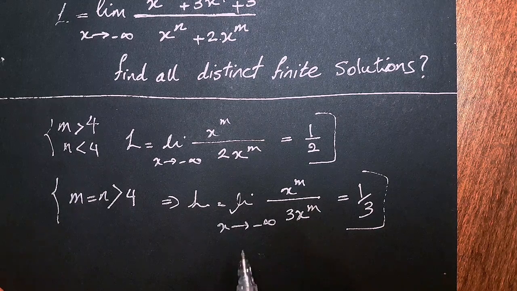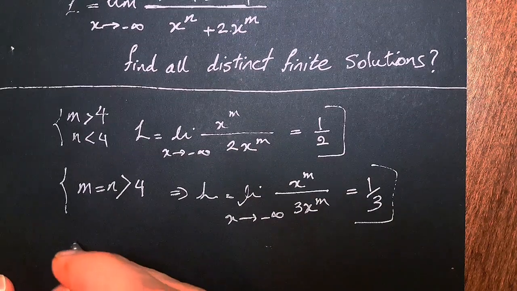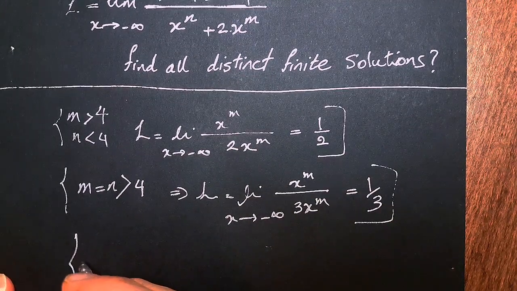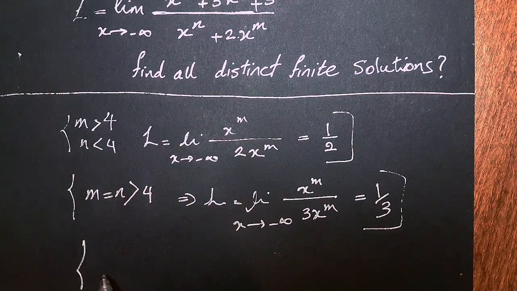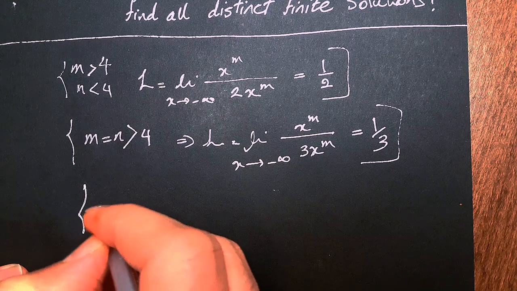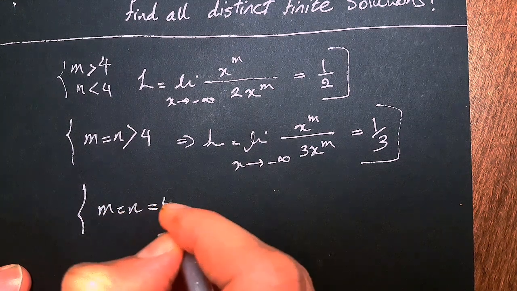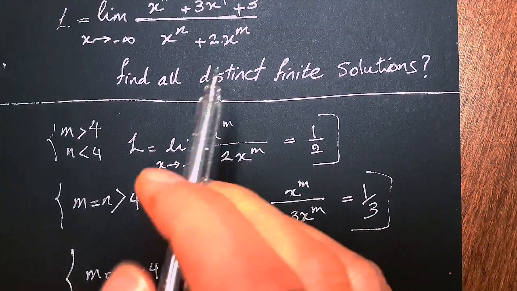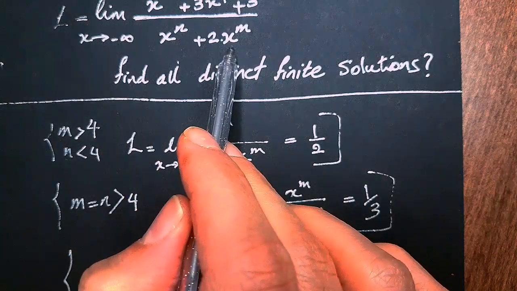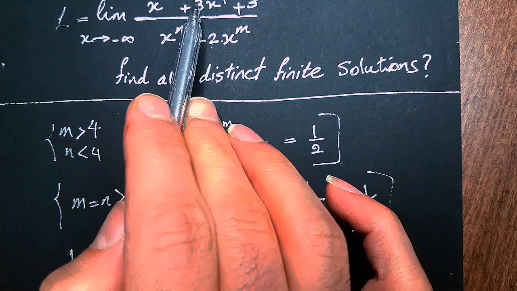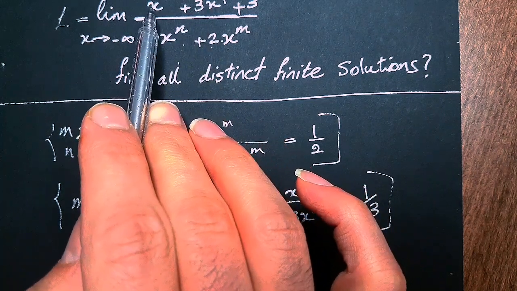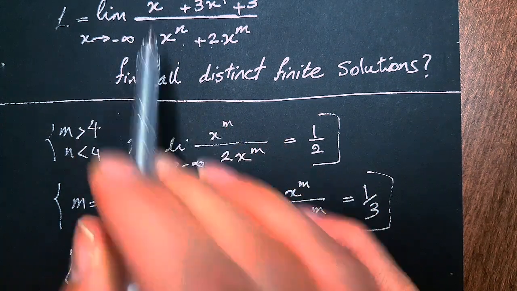Then if both m and n are equal and equal to 4, these two terms will sum up. It's going to be 3x to the power of 4 plus 1x to the power of m on the top.